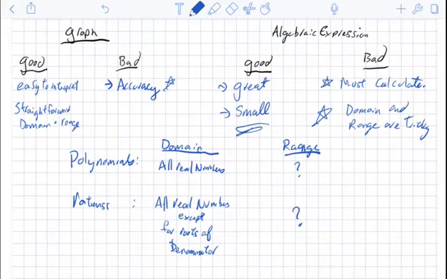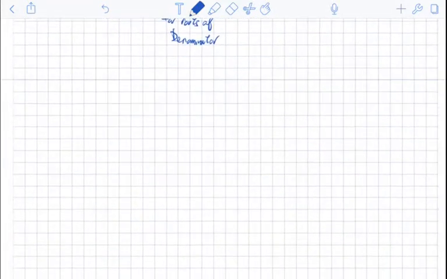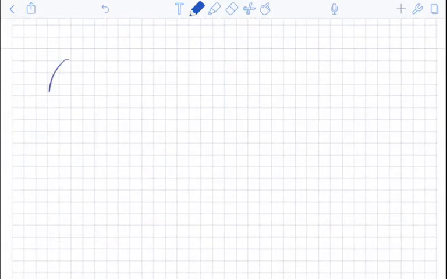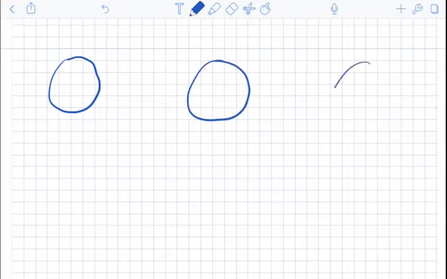Okay, so let's review. Let's draw some medicine wheels. All right, so first off, functions. There's different ways to talk about functions.